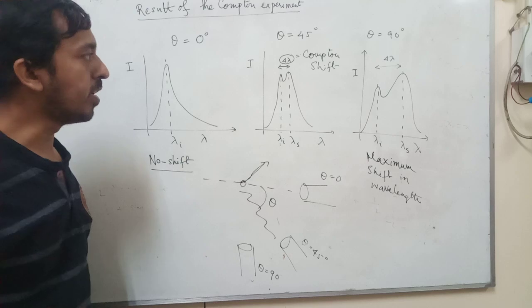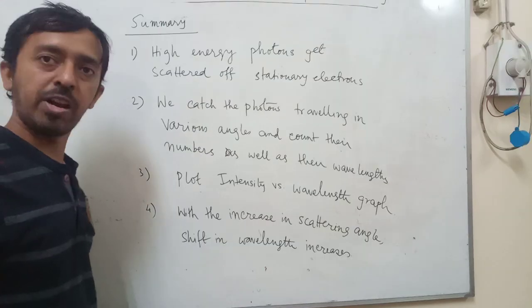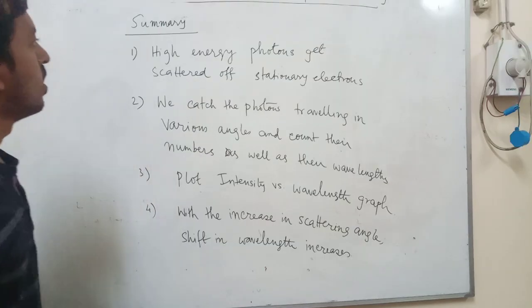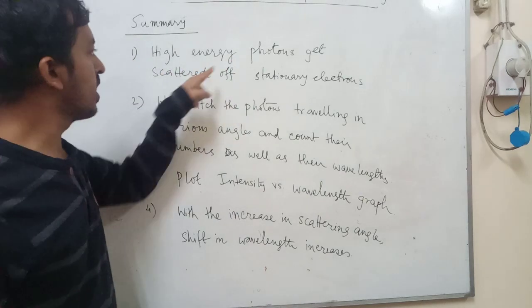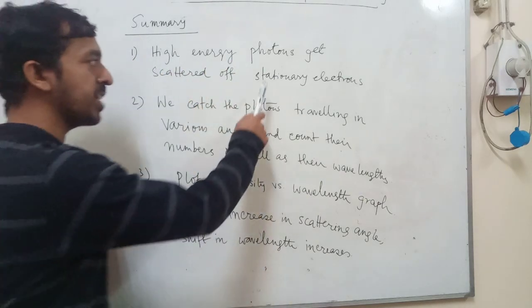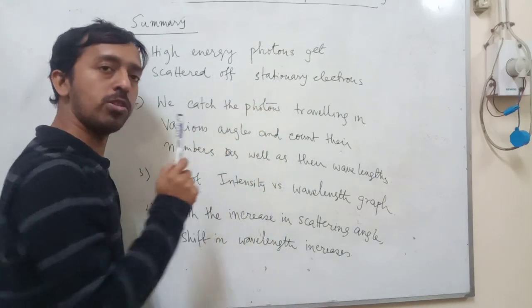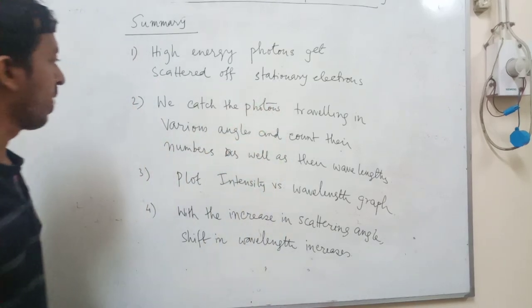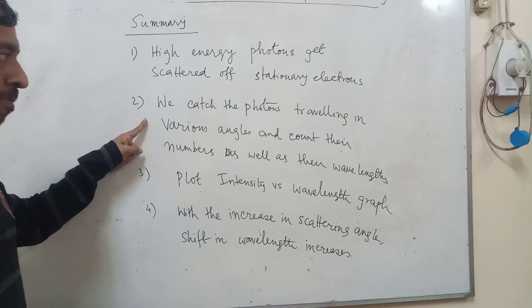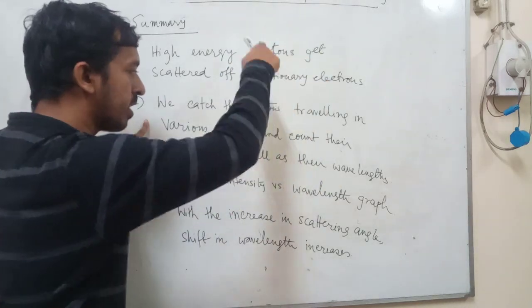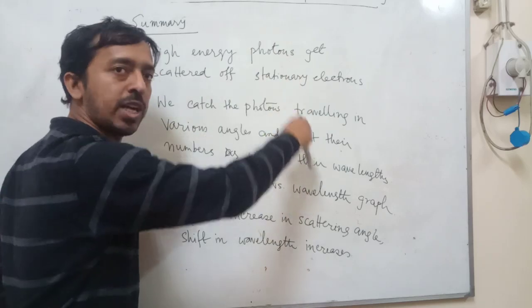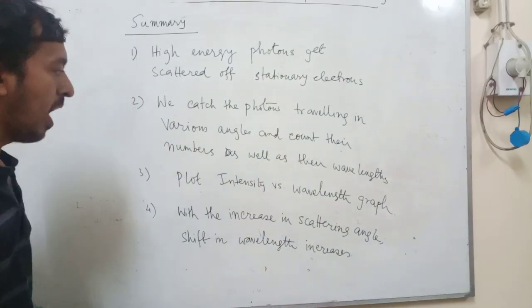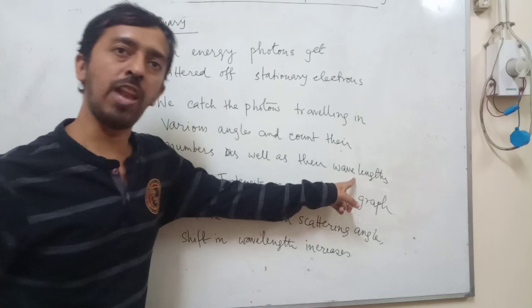Is that clear? Let's summarize what we have learned. In Compton scattering, high energy photons get scattered off stationary electrons. Remember, the electrons are assumed to be stationary. We catch the photons traveling at various angles with our detector, count the number of photons coming in along that particular line, and also measure their wavelength.